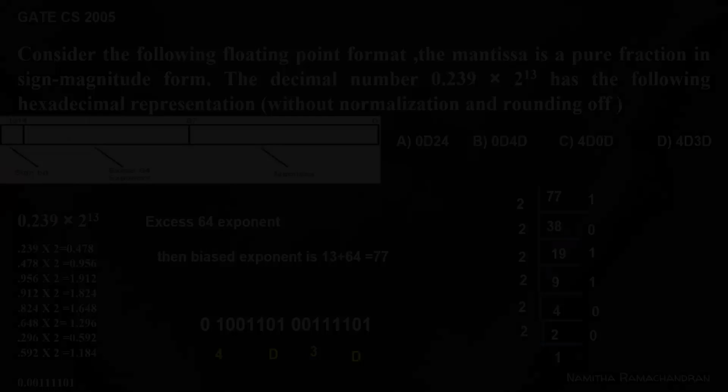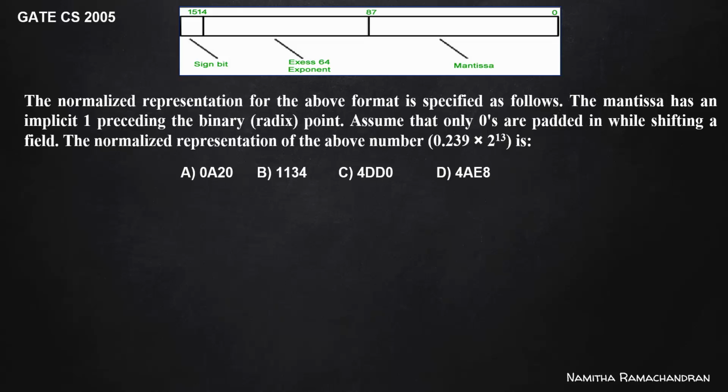Okay. So next is the same question with some modification. Here we need the normalized representation for the above format. The mantissa has an implicit 1 preceding the radix point. That means the explanation for the normalized representation is directly given here. Normalized form means the mantissa has an implicit 1 preceding the radix, that is the decimal point.